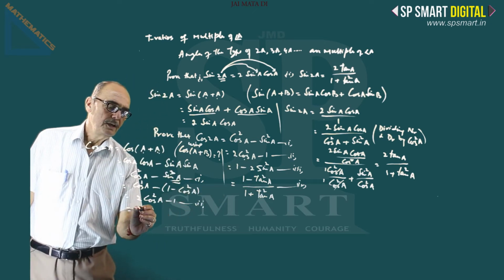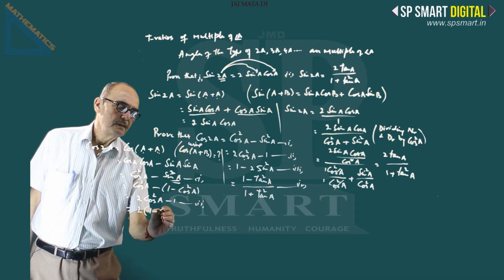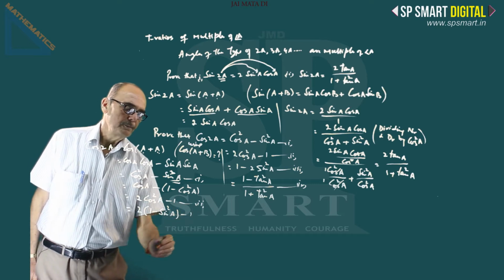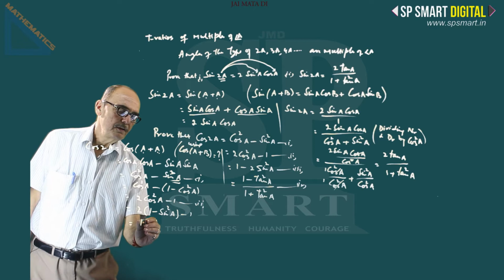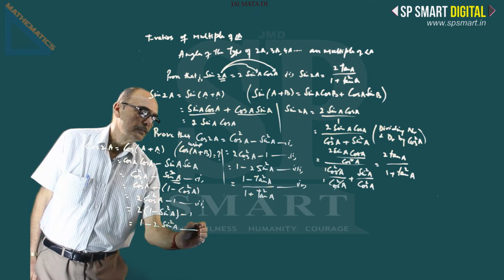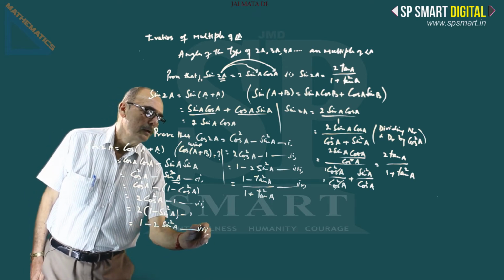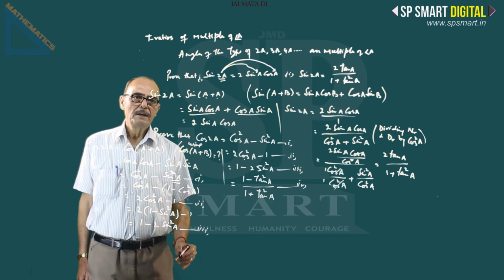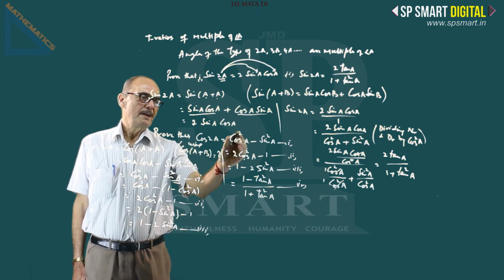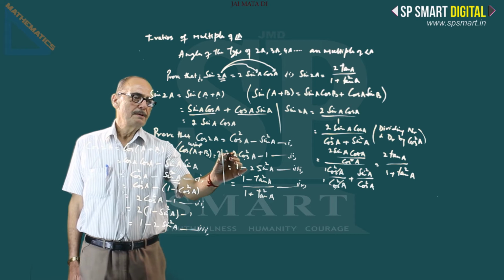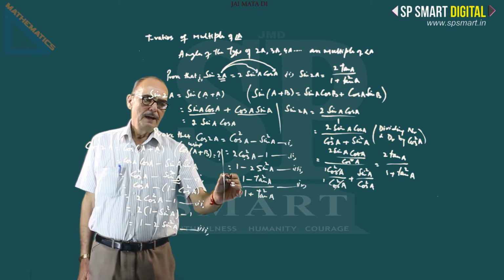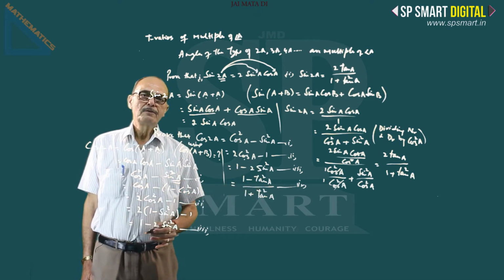So, replace cos square A by 1 minus sin square A, and when you simplify you get 1 minus 2 sin square A. So, number third. We shall read the formula like this: cos of 2A in terms of cos square A and sin square A. Second formula in terms of cos square A. Third in terms of sin square A. And fourth in terms of tan square A.